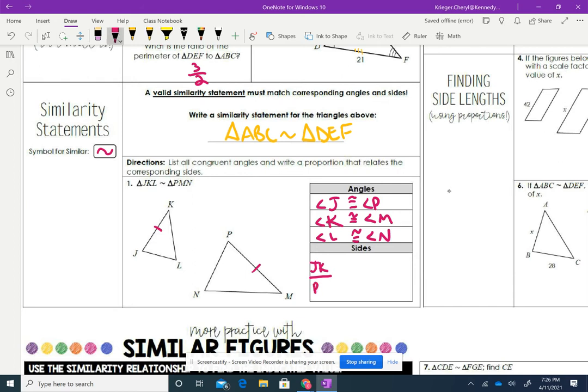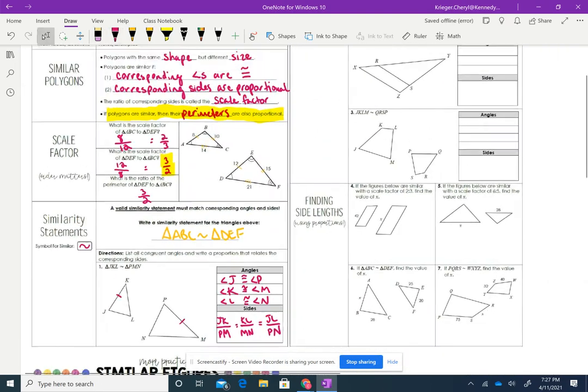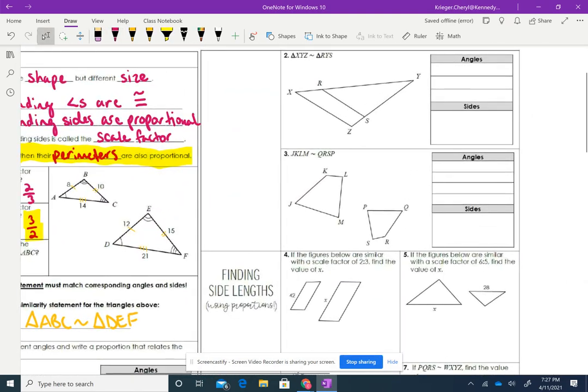And KL is proportional to MN, and JL is proportional to PN. Okay. So you guys can do 2 and 3. I think those are pretty easy.